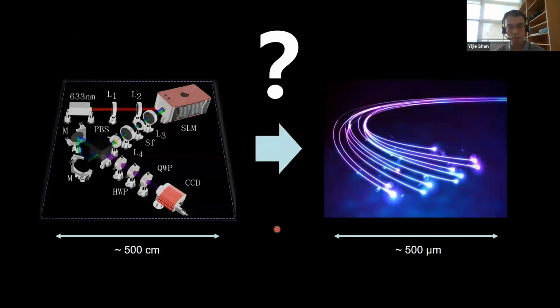Because, you know, we can freely construct and generate skyrmions, but it's from a very bulky spatial light modulator system. So to apply this interesting topology in the practical information society, I think the next stage is how to shrink the size, how to make compact devices to generate diversified skyrmion textures, right?